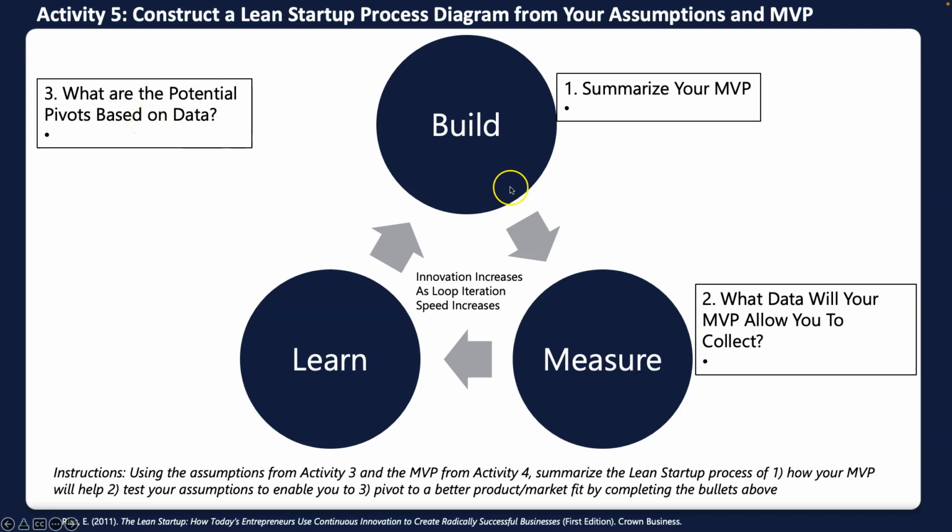You're going to rebuild it, go out, test it, learn from it, and continue to do this loop. And if you remember, the idea in each iteration is to reduce the degree of uncertainty, increase the amount of surety, which means you're going to increase your success.